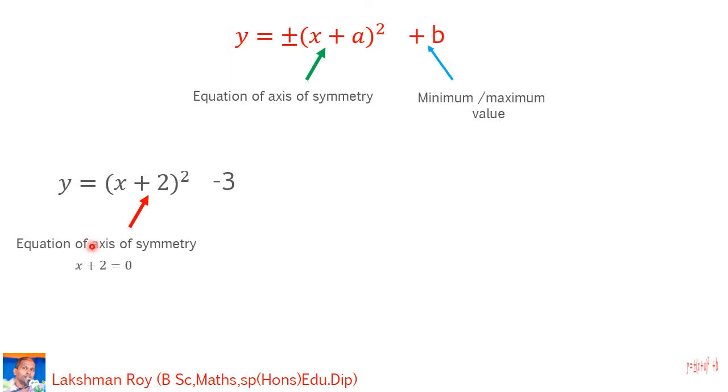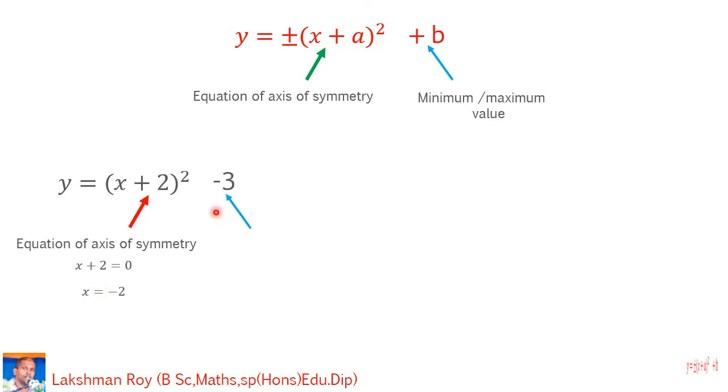If you make x plus 2 equals 0, you get the equation of the axis of symmetry. Here x plus 2, subtract 2 from both sides, then you get x equals negative 2. So this is the equation of the axis of symmetry, right?